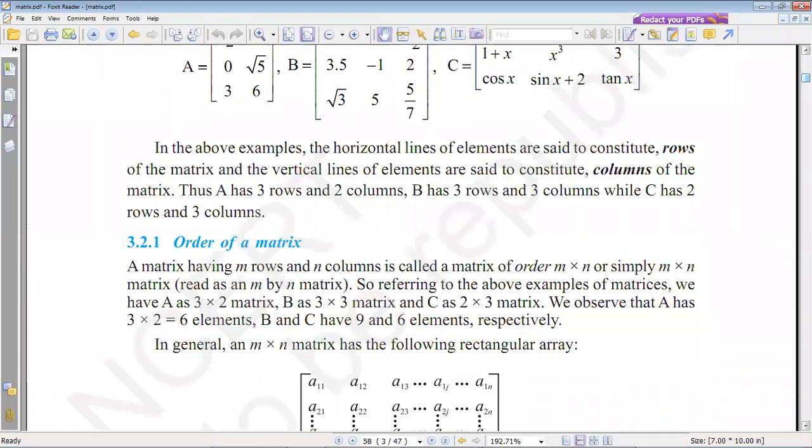What do you mean by order of a matrix? If a matrix has 3 rows and 2 columns, then the order of the matrix is 3 by 2.